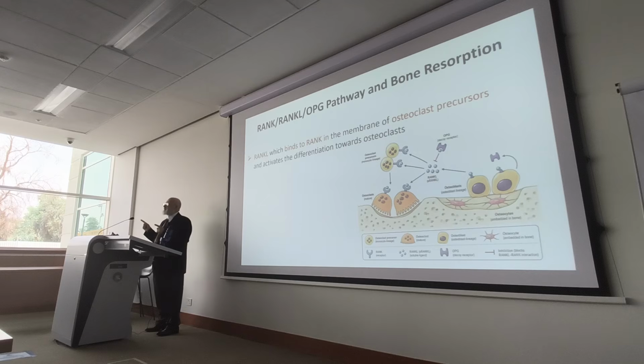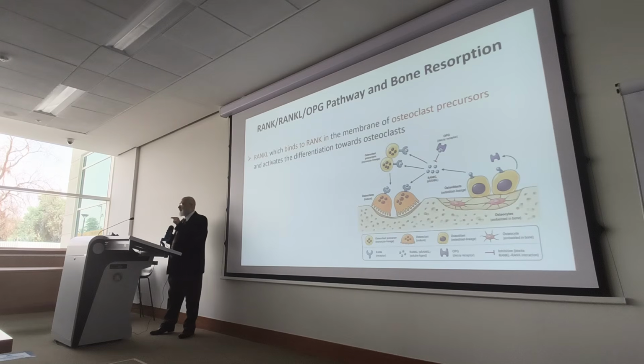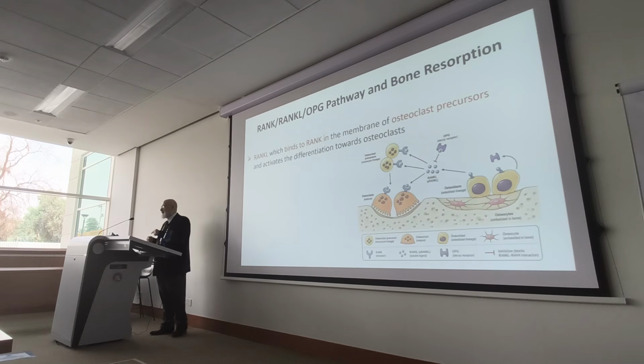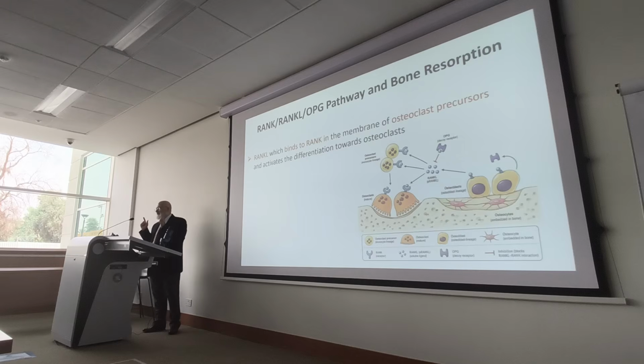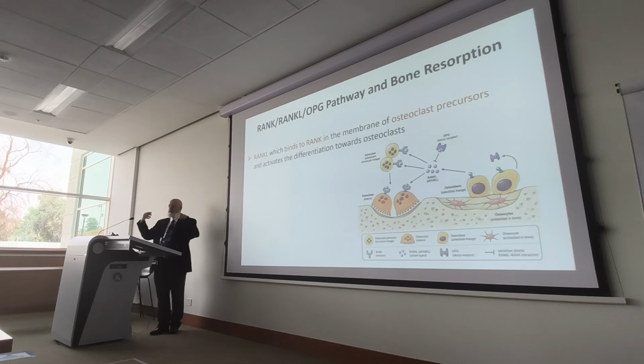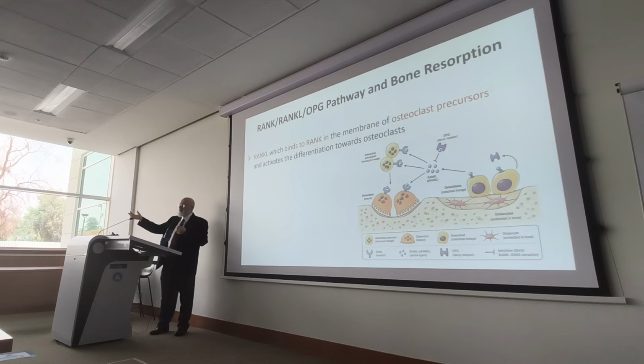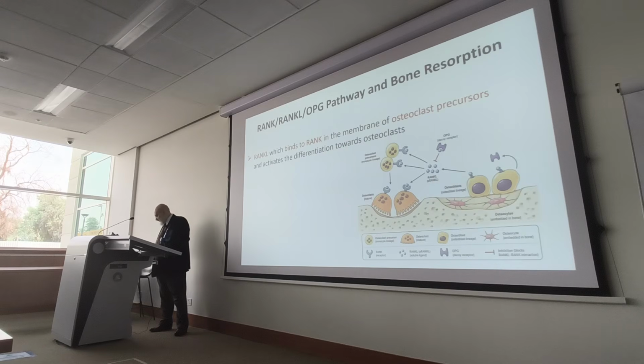The osteoblast, which is the bone-forming cell, is the cell that tells the osteoclast, please resorb the bone because we need to rebuild it. This signaling mechanism is through the RANK ligand. Osteoblast will release the RANK ligand, RANKL, and this will go and bind to the RANK receptor on top of the osteoclast. Once this happens, the osteoclast will be activated.